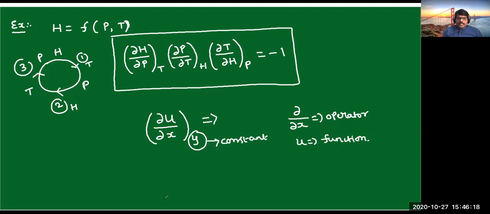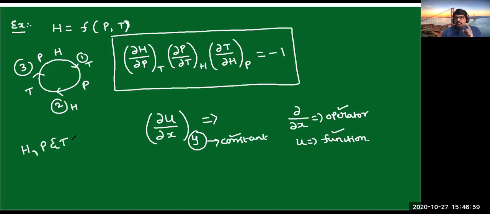So what I am trying to convey, whether the given expression obeys a cyclic rule or not, how to check means, here we have enthalpy, pressure and temperature, right? And in the correct representation of cyclic rule, every variable acts as constant, operator and function at once.